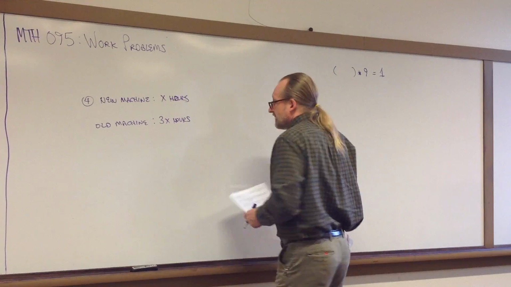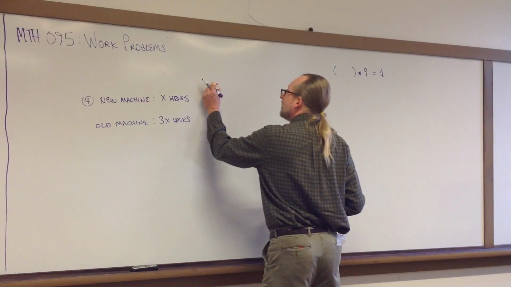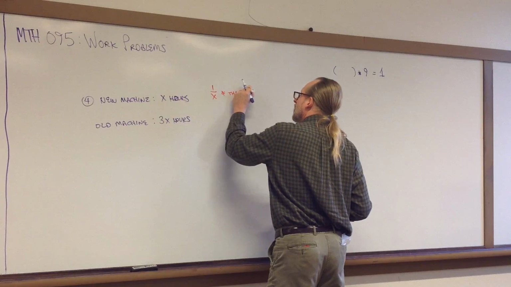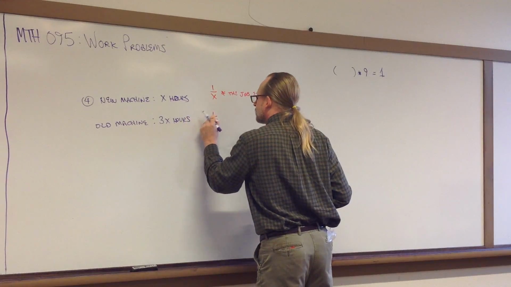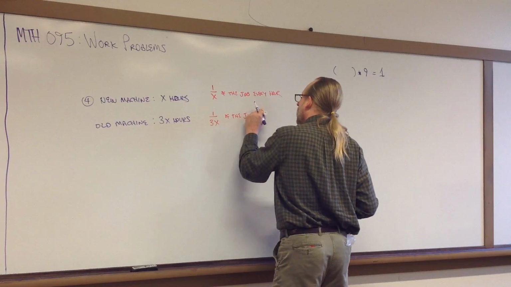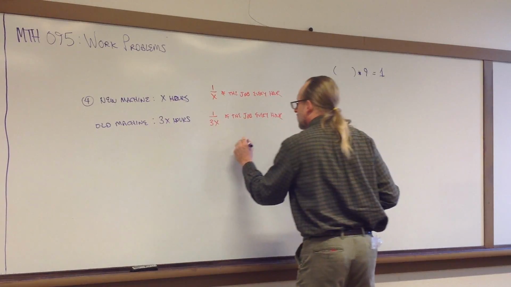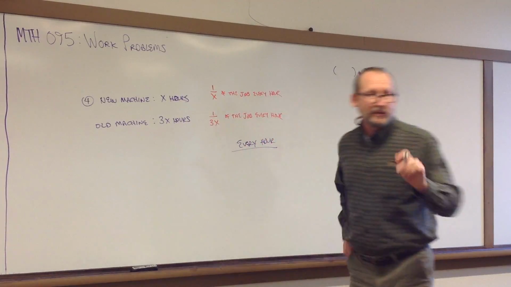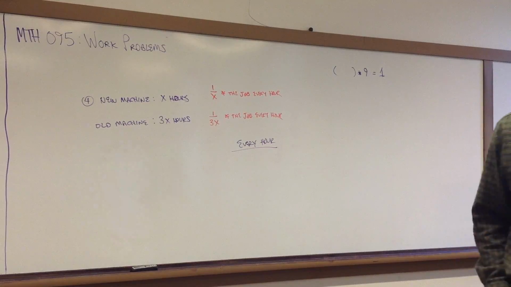So that means every hour, the new machine is completing 1/x of the job, and the old machine is completing 1/(3x) of the job. Both machines working together will take 9 hours.